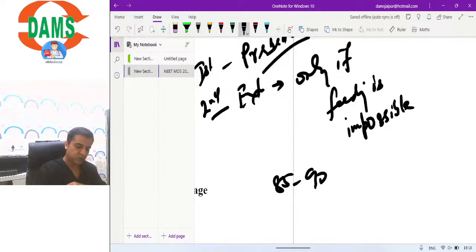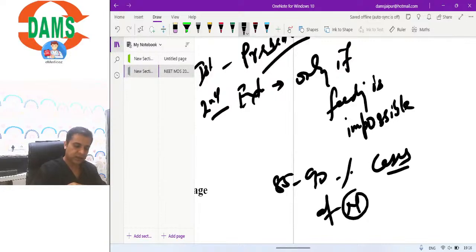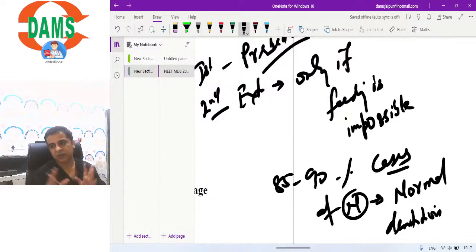Almost 85 to 90% of cases of natal teeth are of normal dentition. Only 5-10% cases are supernumerary. So the priority is always to save them.